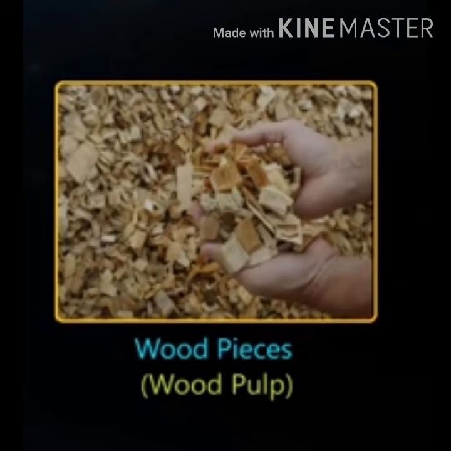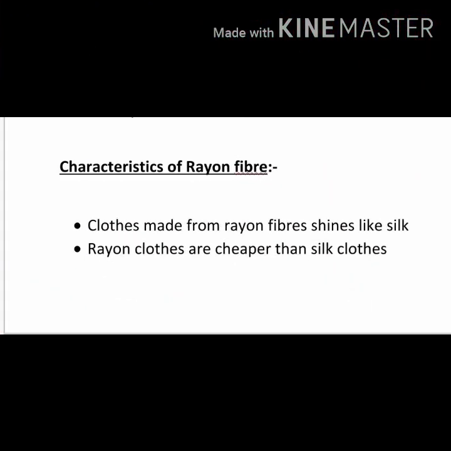Chemically converted means that by the use of a number of chemicals, it is converted into soluble compounds. Then this soluble compound is forcefully passed through a spinneret. A spinneret is just like a shower having very thin holes, and when this solution is forcefully passed through it, it comes out in the form of a fiber. Then this fiber is allowed to solidify, and in this way the rayon fibers are prepared.